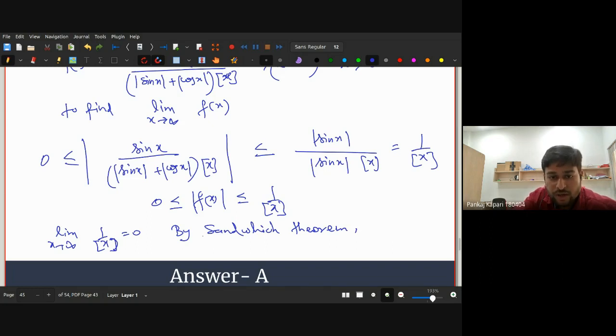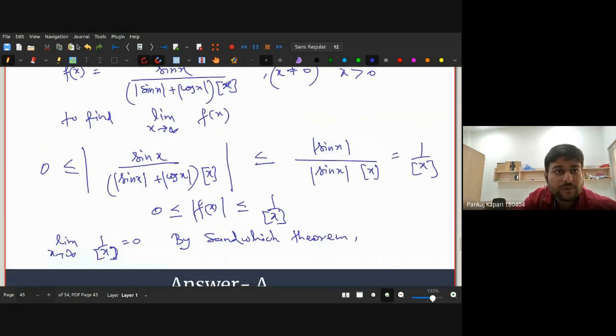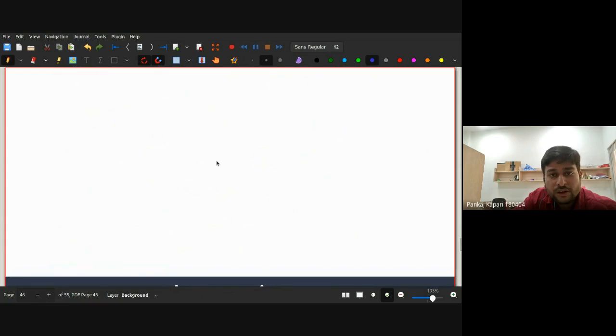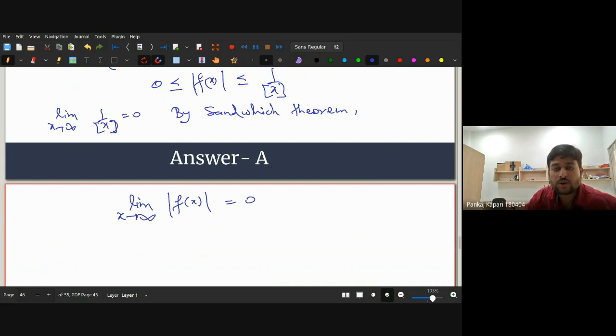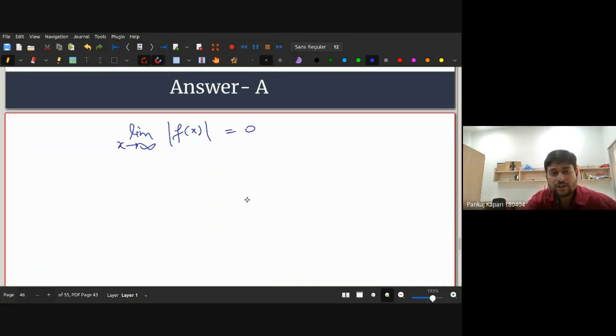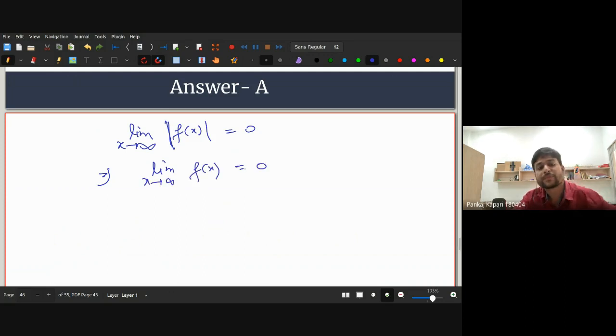what will we get by the sandwich theorem? There is one technical detail here. By the sandwich theorem, the limit as x goes to infinity of the modulus of the function is 0. But this will also imply that the limit as x goes to infinity of the function is also 0.